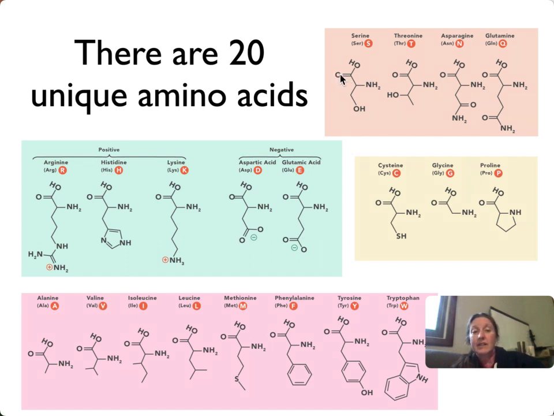So if you look at this, the top part of each one of them, again, is the amino acid. Here's the amino group, here's the central carbon, and here's the carboxyl group. You can see that that's the same on all the 20 amino acids, but the part that's going down from there, the R group, is different for each one of these, and there's quite a lot of variety. That lets us build all kinds of proteins.